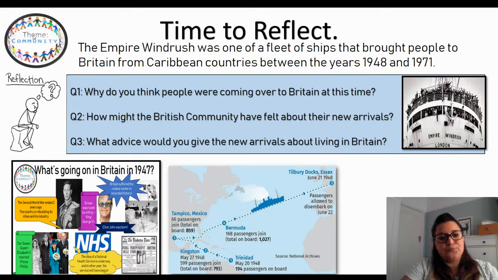Question 1, and you can answer this in your notebooks. Why do you think people were coming over to Britain at this time? Have a think about what was going on in Britain maybe just before 1948, or maybe in 1947. Question 2.